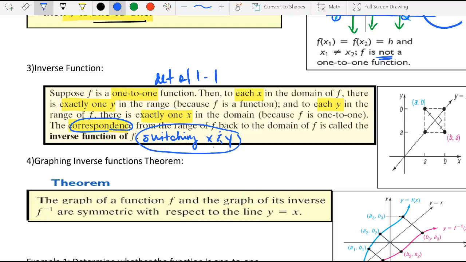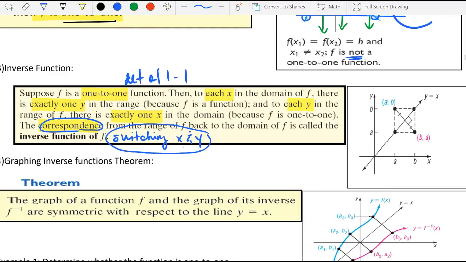Look at this dot: the input is B and the output is A, but this dot is switched, so now the input is A and the output is B. So these two dots are inverses.